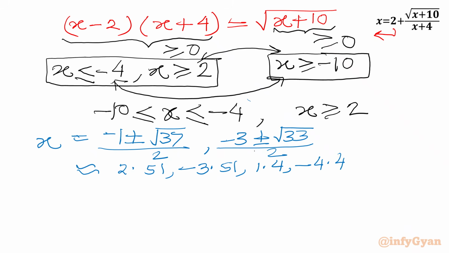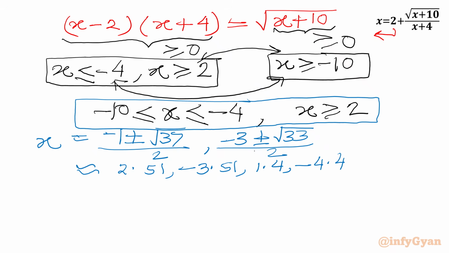Now we have our domain ready. We have to cross-examine which solutions we are going to reject. So minus 3.51 would be rejected. 1.4 would be rejected. 2.51 is in this interval, and minus 4.4 is in this interval.